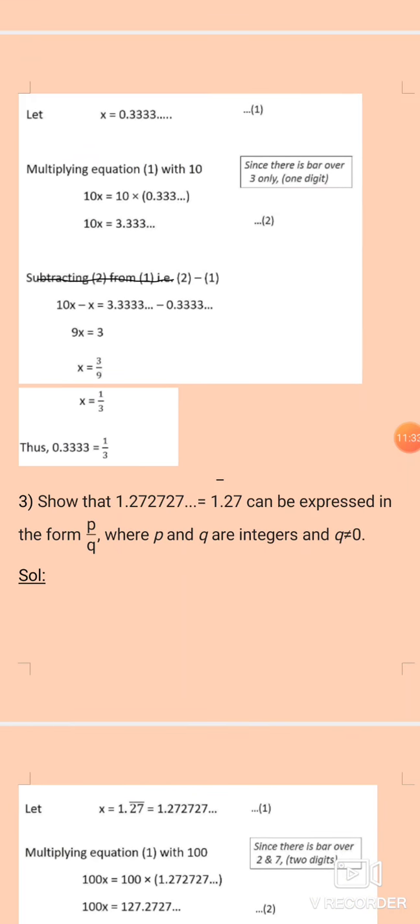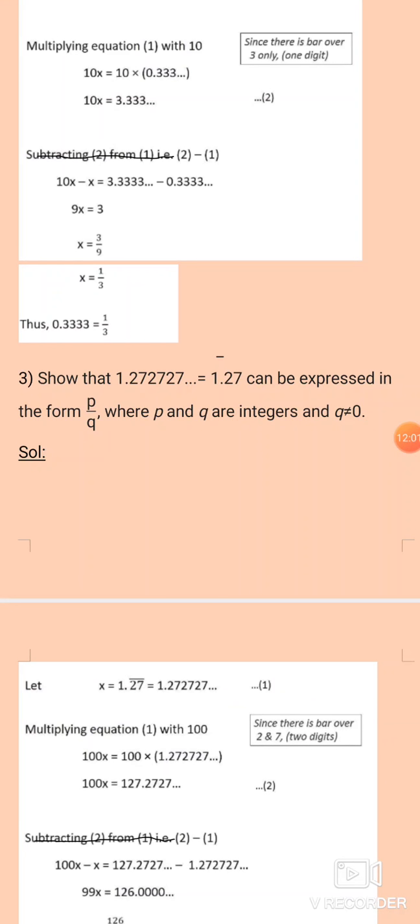Now we take x is equal to 1.27 bar, which is equal to 1.2727 etc. Listen carefully. Here 1.2727 etc. is equal to 1 with the bar on top of 27. In the above question, the bar was on top of the 3.